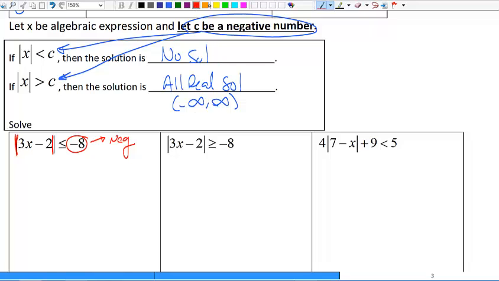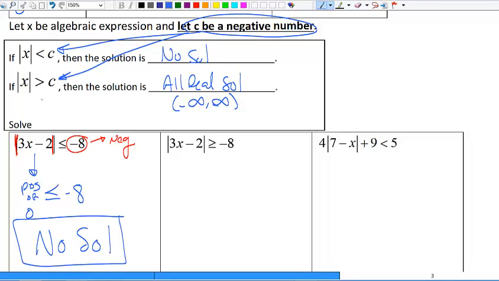This was a hard thing for me to memorize, so what I did instead is I said, whenever I take the absolute value, I know I get positive things or 0 things. And then I just compare it to the right-hand side. Are positive things or 0 things ever less than negative? Can positive things ever be less than negative 8? Well, no. So the answer is no solution. You could also just memorize if it's less than, it's going to be no solution.